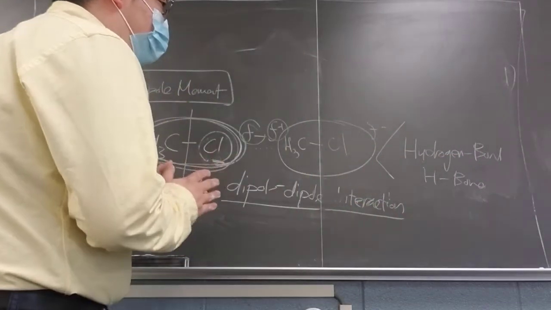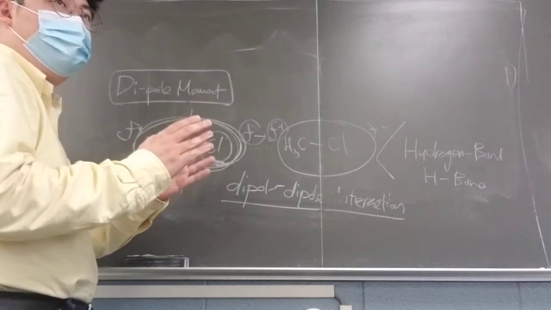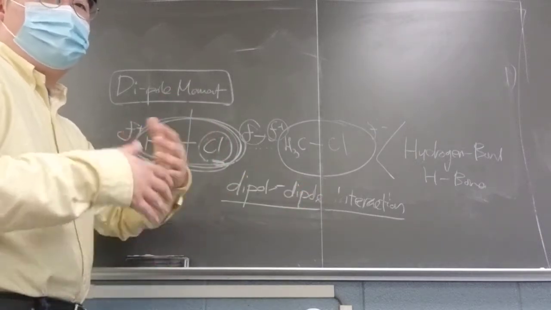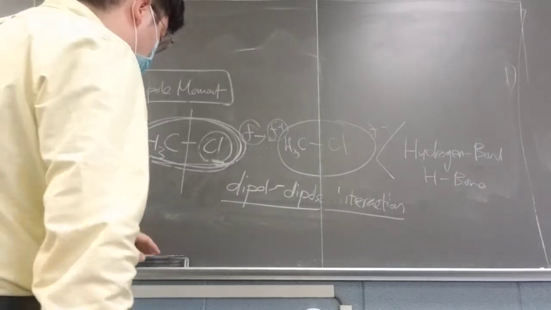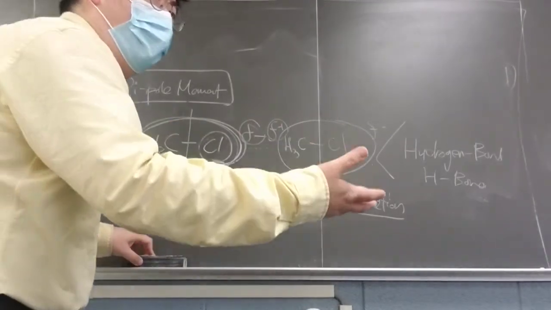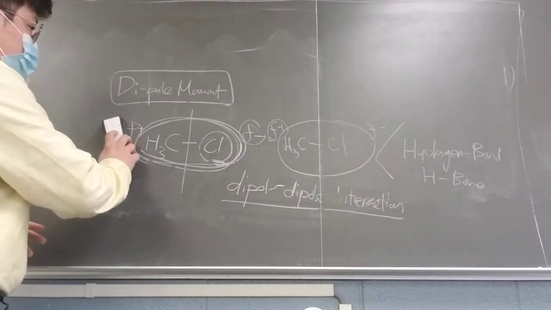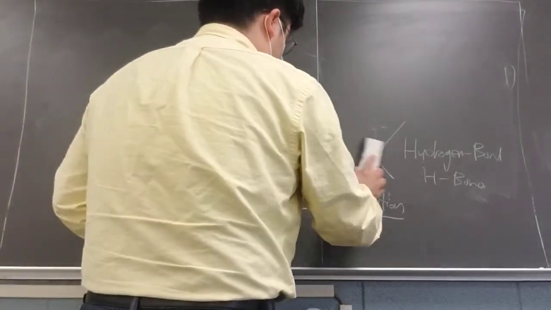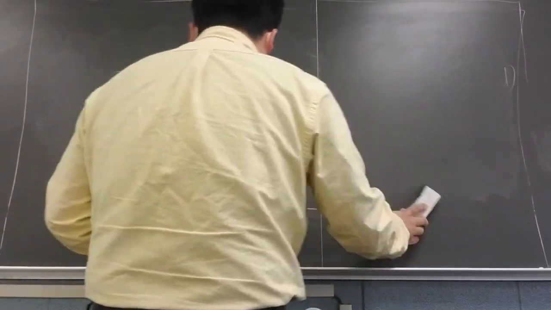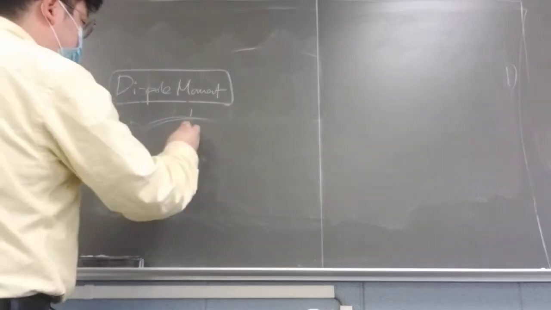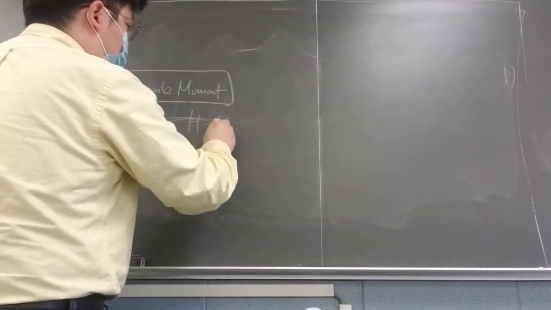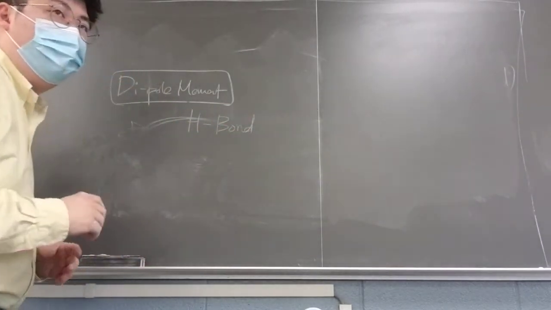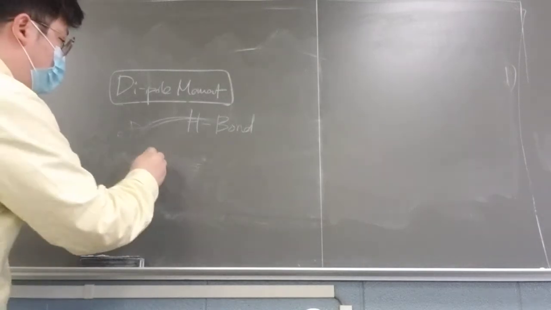So meaning hydrogen bond is the strongest dipole-dipole interaction. So we specify it and call it hydrogen bond. Okay? So why is this so special? Hydrogen bond is special because it is much stronger than other regular dipole-dipole interaction because of this.